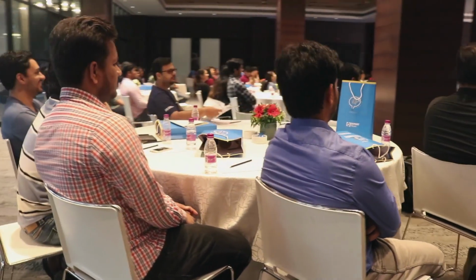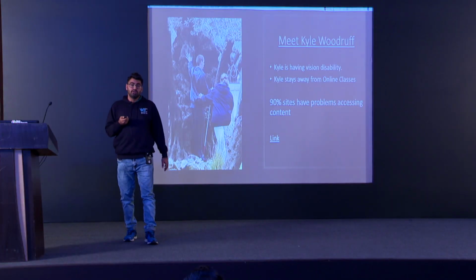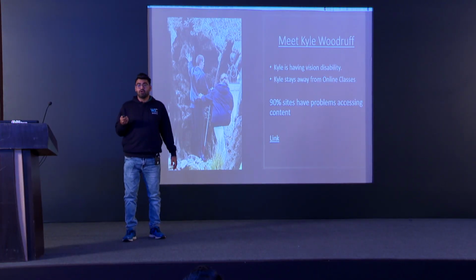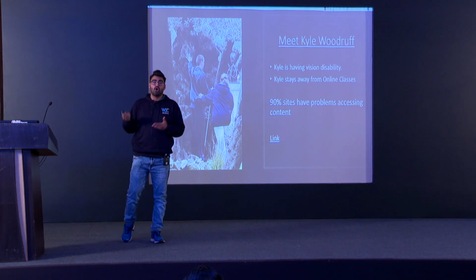Before we dive into WCAG, let's see some use cases for why we are studying this. Well, meet Kyle. Kyle is vision disabled, which means Kyle cannot access the information and cannot read anything on the internet.